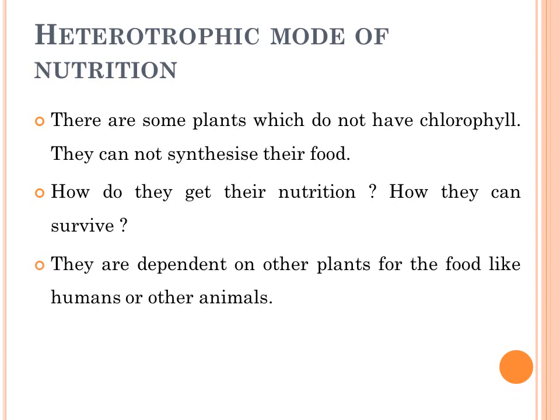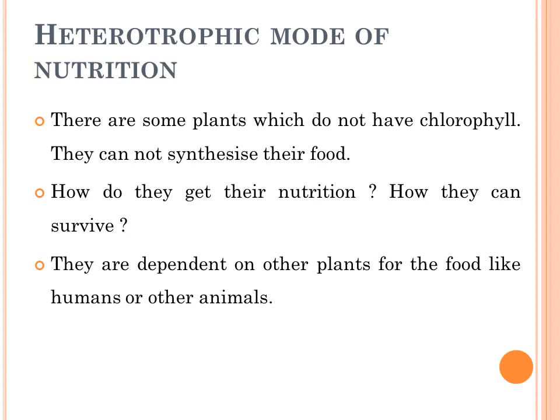They are dependent on other plants for food, like humans or other animals. We also cannot make our own food, so we are also dependent on others for food, maybe on plants or animals.